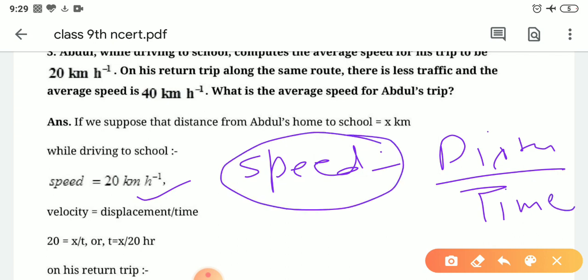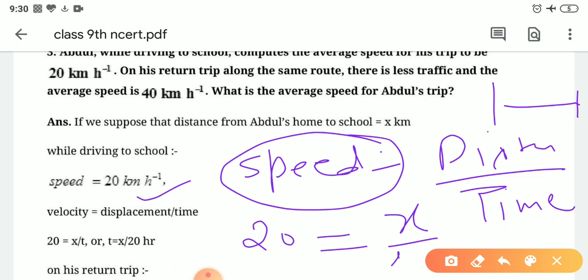In the first case we will write 20 equals distance, which we are supposing is x, upon time. Suppose that he takes t1 time from here to here. Then we can find t1 from here. What will be t1? t1 will be x upon 20. This is the time taken by Abdul when he is moving from home to school.